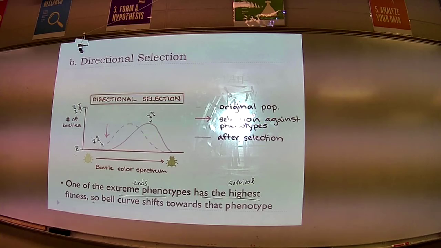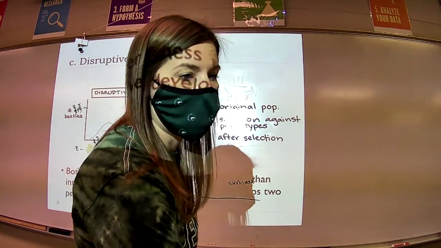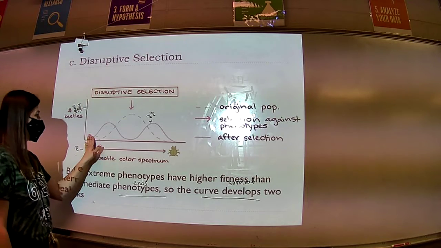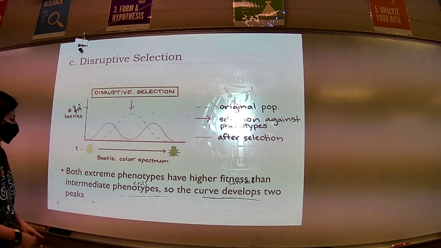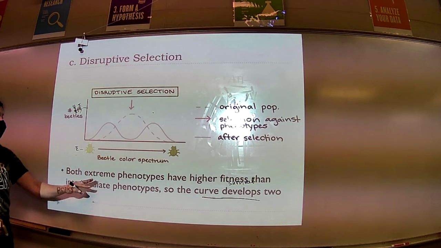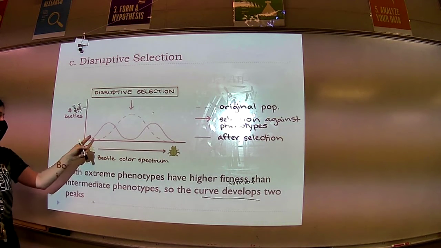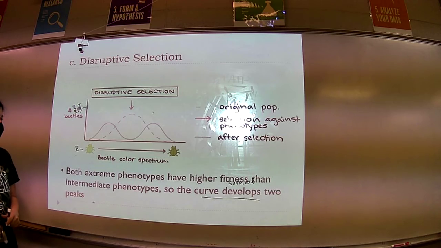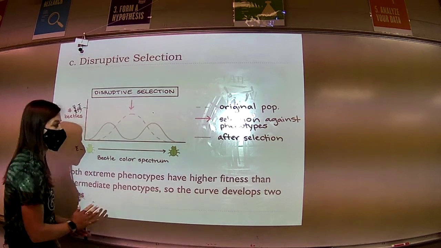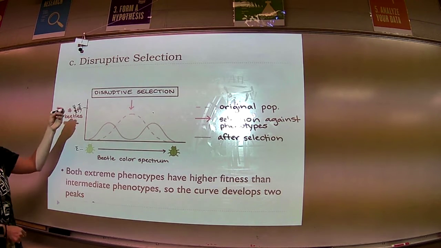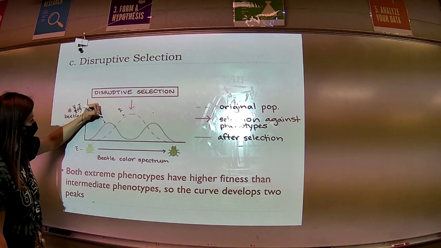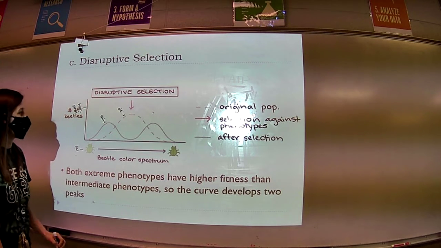Okay, last one. Disruptive. In disruptive selection, both of the extremes, both of the ends, have a higher survival rate, and so the curve gets two peaks. Again, that's our old, and that's our new.